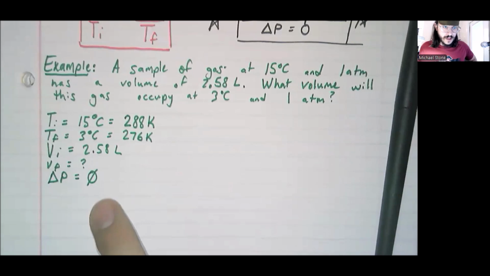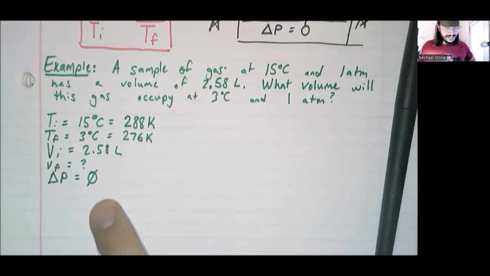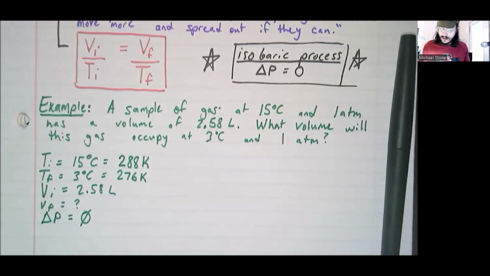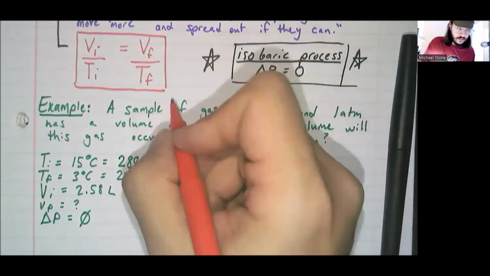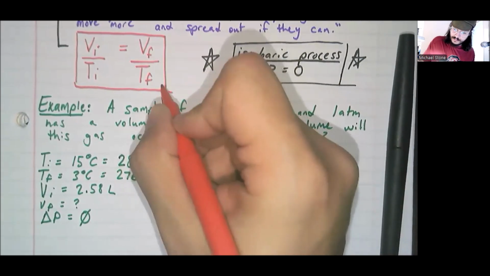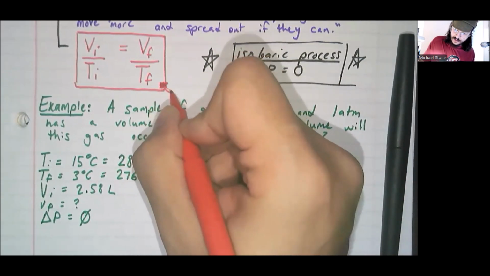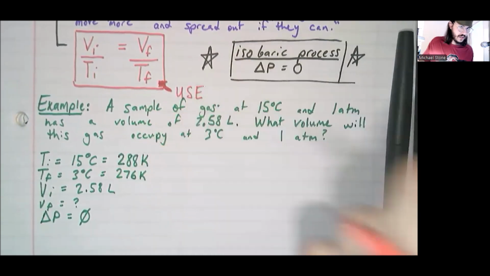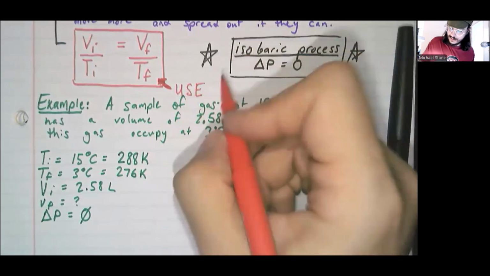One atmosphere minus 1 atmosphere is 0, so we have no change in pressure, confirming that this is an isobaric process. And for reasons that I just explained, it might be a good idea to write it over here in your notes for Charles' law, and really for the ideal gas laws in general. It's the best thing.